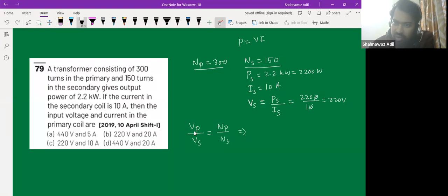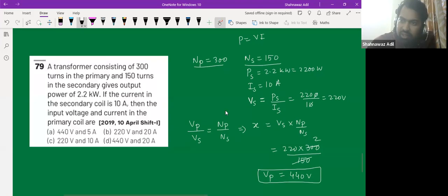Let's say Vp is X. Vs is 220 and Np by Ns is 300 divided by 150, which is 2. So this is 440, the voltage in the primary.